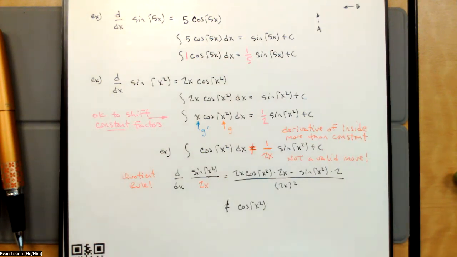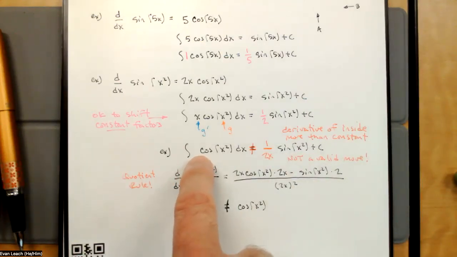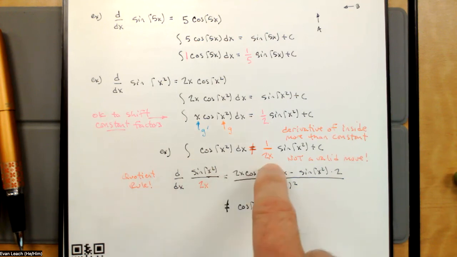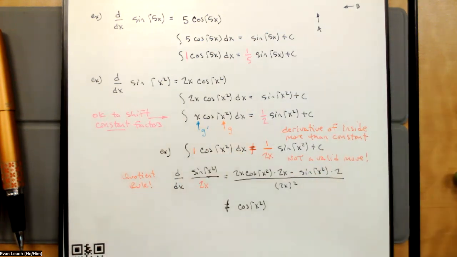That only works when it's a constant. So here, I got to cancel out the 2x from the derivative. So I'll just try to divide by the 2x because I need just a 1 up in here. But that's not a valid move because the derivative of the inside wasn't just a constant in this case. We can't just divide by the derivative if it's more than a constant.